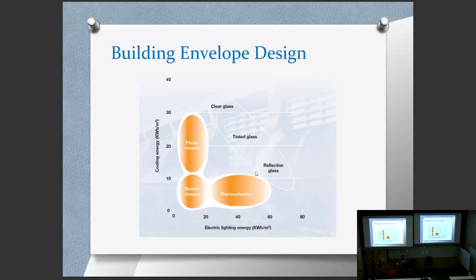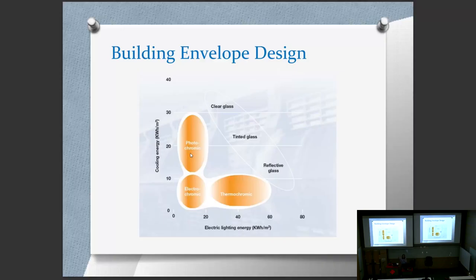And of course, we have some advanced glazing: thermochromic glazing, photochromic glazing, electrochromic glazing. So the transmittance may change in response to the lighting level, for example. For photochromic glazing, the transmittance of daylight will change in response to the daylight availability.